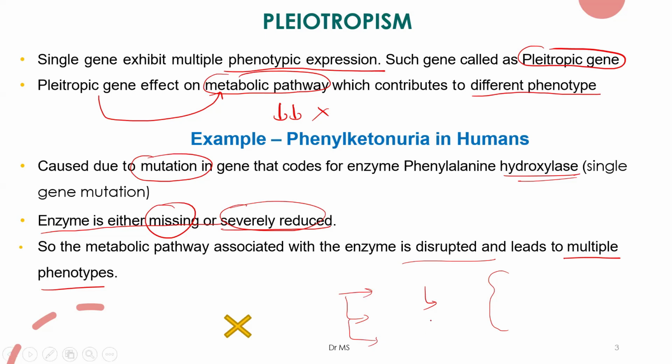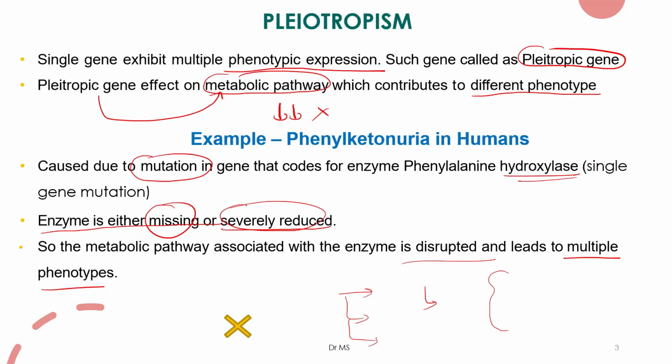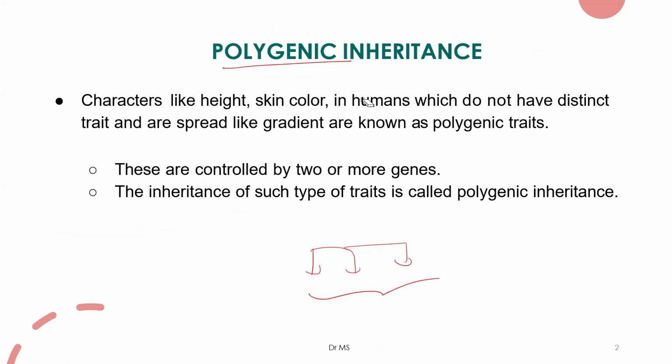That's the basic definition difference between pleiotropism and polygenic inheritance. Pleiotropism is a disease, and in that disease you will have different types of phenotypes. Whereas in polygenic inheritance, the same character is controlled by a number of different genes. Based on the presence of which gene, you get the output.